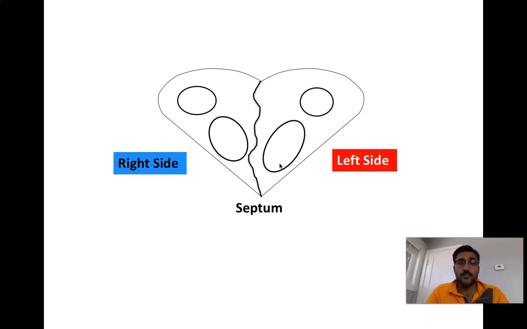Now, when we look at the left and the right sides of the heart, one of the hardest things for students to wrap their head around is typically the labeling. It's backwards. When you're looking at a diagram of the heart, what we call the anatomical right side of the heart is actually going to be on the left side of your page, and the anatomical left side of the heart is going to be on the right side of the page. That's probably most simply explained by assuming you're a doctor looking at a patient, let's say in front of you or lying on an operating table.